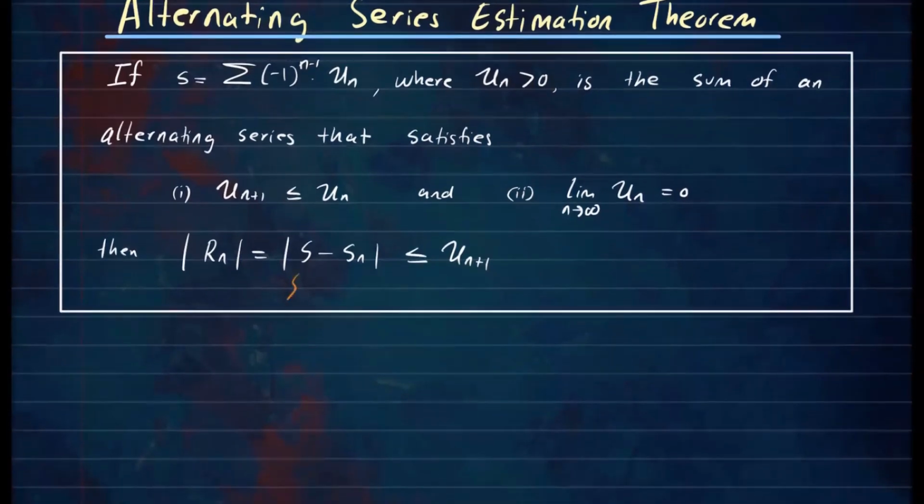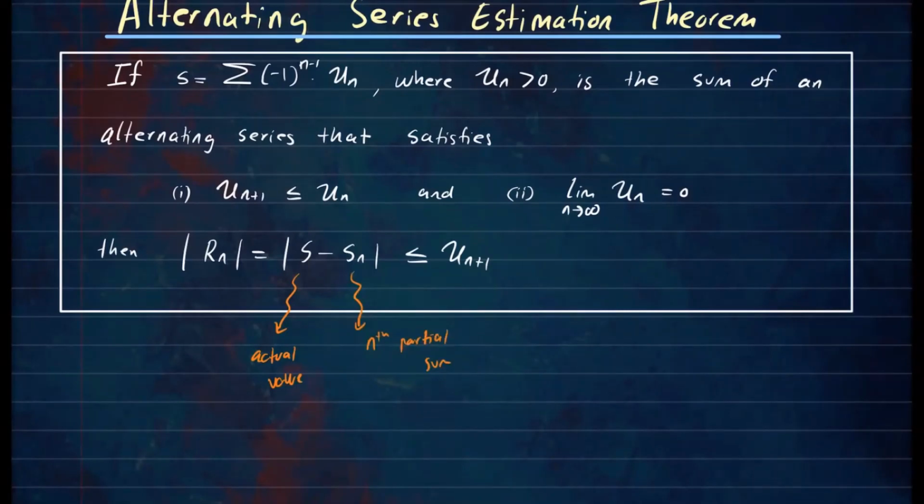So this guy right here, this is your sum. That's the actual value of the series. And this right here is the nth partial sum, S sub n, when you're summing up to the nth term of that series.